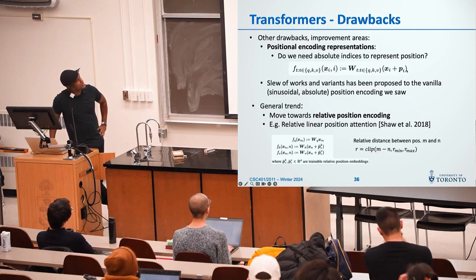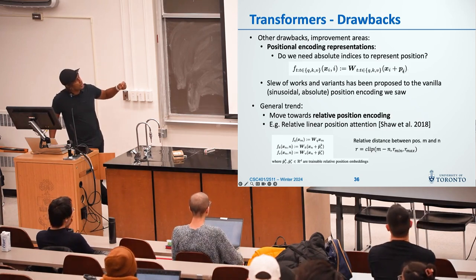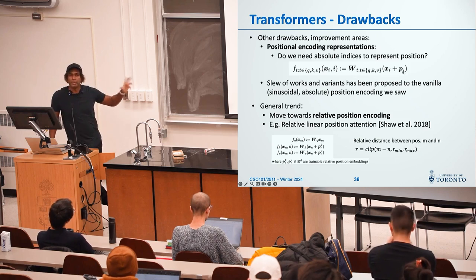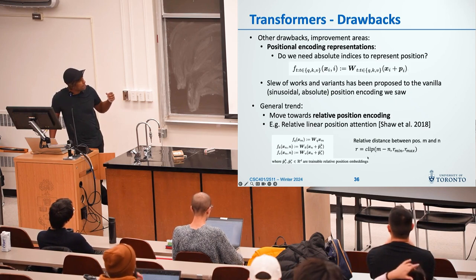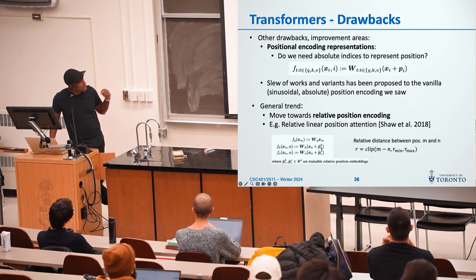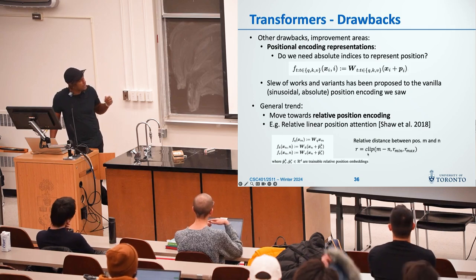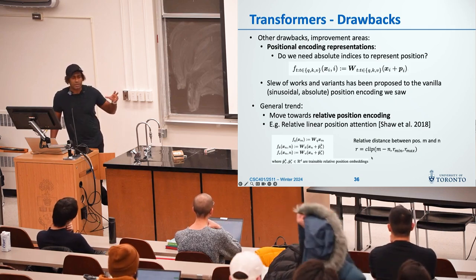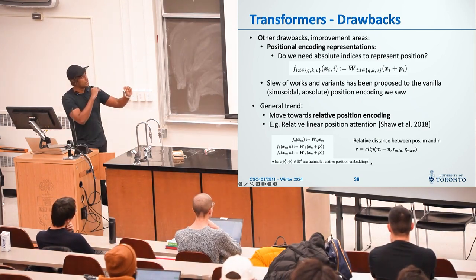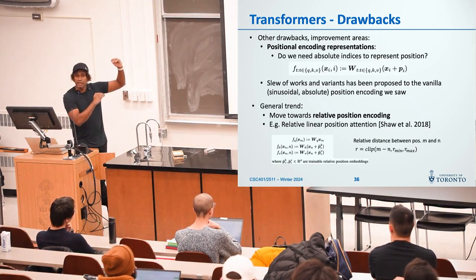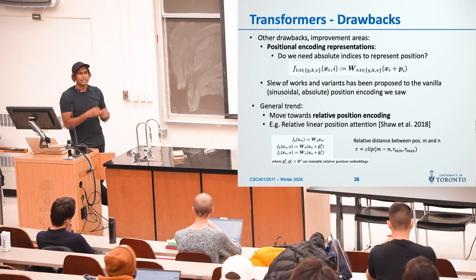Here, P_i is the positional representation, the positional encoding, so it's always an absolute position P_i, right? When we move to this relative position encoding idea, you can see that the P has a tilde on top, which means that now we are learning this position. We set a relative position between the two, let's say query and key coming from encoder and decoder, and we learn that relative positioning. So that is the key idea.